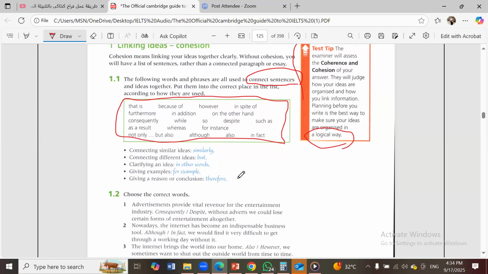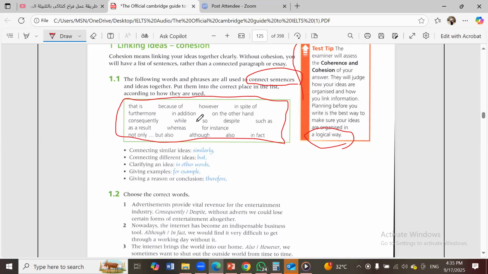However, in spite of. Or despite. Can we use despite and however? Are they the same? No. In the middle of a sentence it may sometimes work. Furthermore.